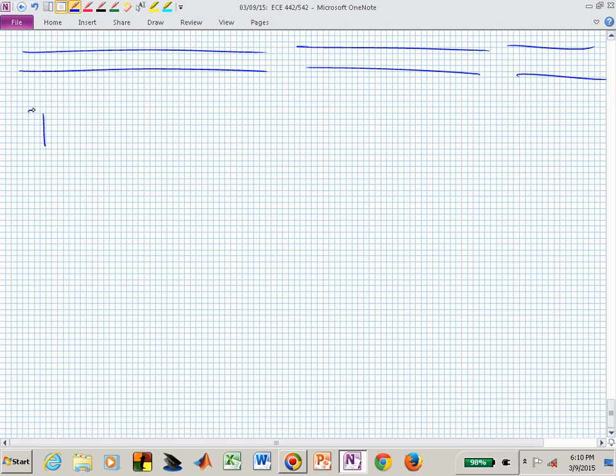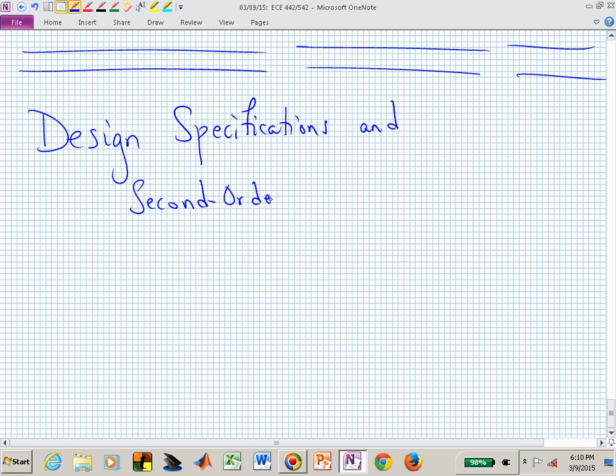Let's look then at what we'll call design specifications and second order pole locations.